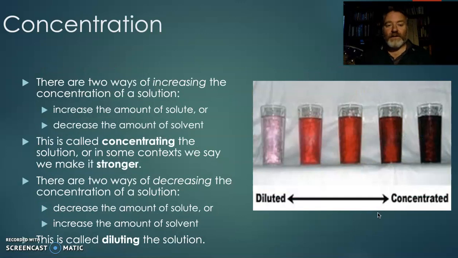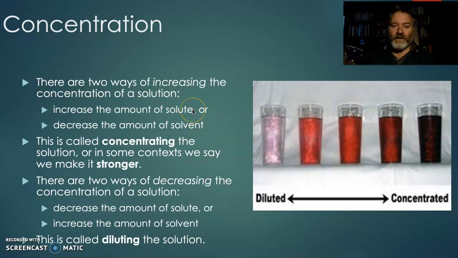And then we can talk about concentration of our solutions. So as you can see in this photograph here, the colour gets quite dark as we move across. So as we start to put more solute in, then the colour becomes darker and darker and darker. So that's diluted, very little solute, and that's quite concentrated, lots of solute.